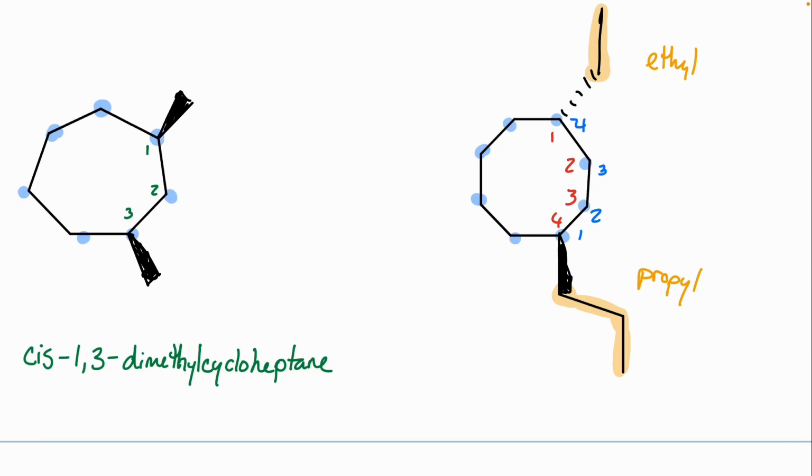So again, we're going to break this tie with alphabetical order. This would be 1-ethyl-4-propylcyclooctane. And since I have those dashed and wedged bonds, I got to put my stereochemistry in there. This one would be trans. Cool.